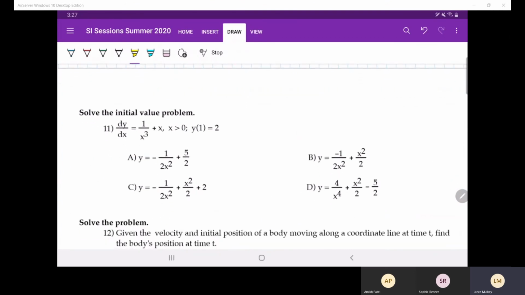Solve the initial value problem. So the original equation at 1 equals 2.